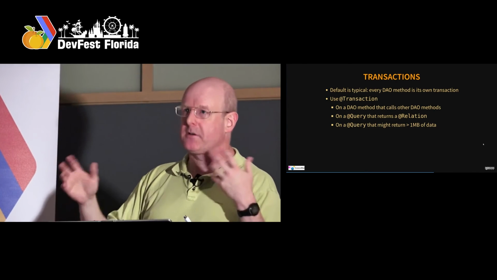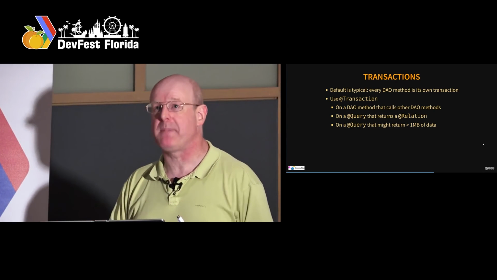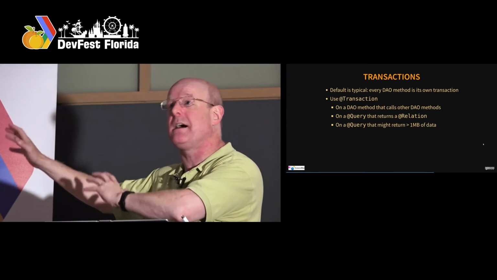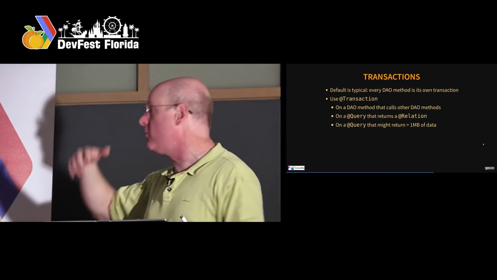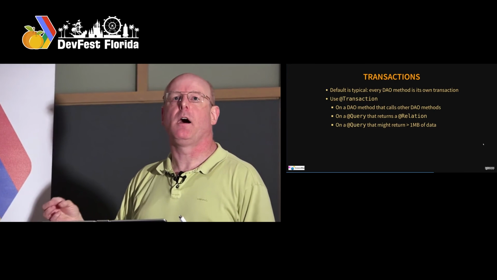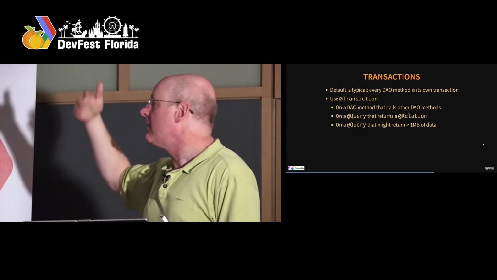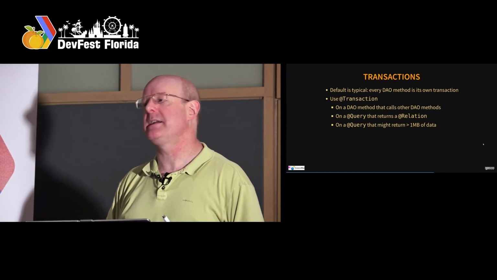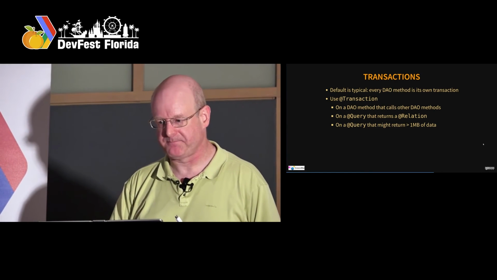On the other hand, if you're at some risk, maybe you're storing bitmaps in blob columns, please don't do that, and you're retrieving that stuff that way, you may easily blow past a megabyte in an individual query result, in which case throw the transaction annotation on the query annotated method and save yourself some pain.